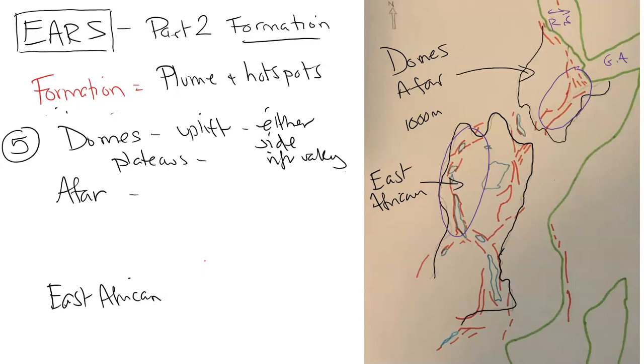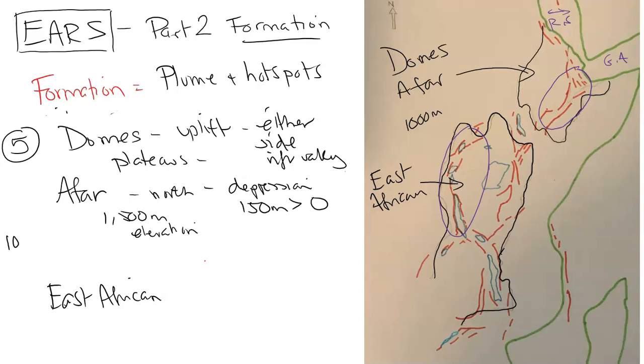The Afar Dome is in the north, okay, and contains the Afar Depression in the middle of it, where it sinks down to below 150 meters, okay, down to zero, obviously, at the coastline, and it is 1,500 meters in elevation on average.